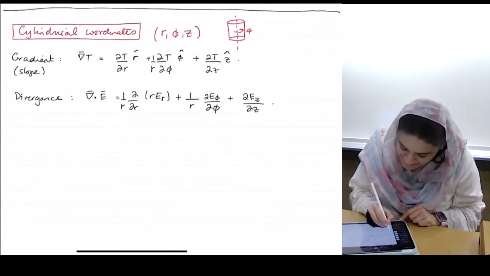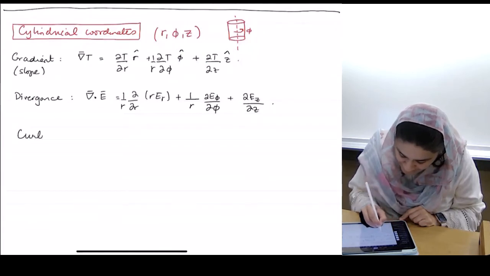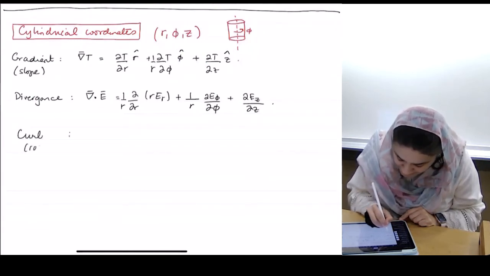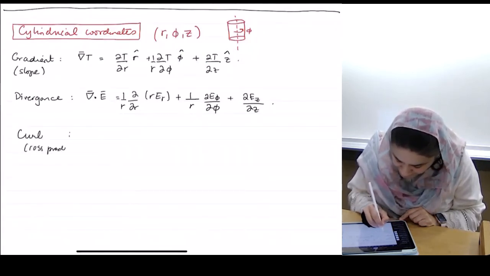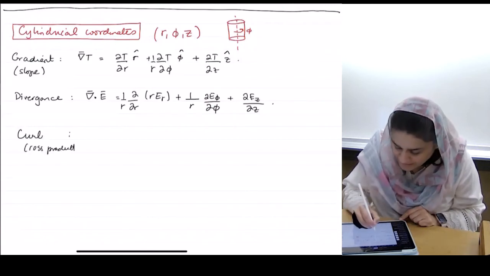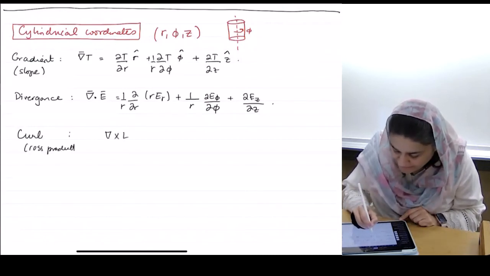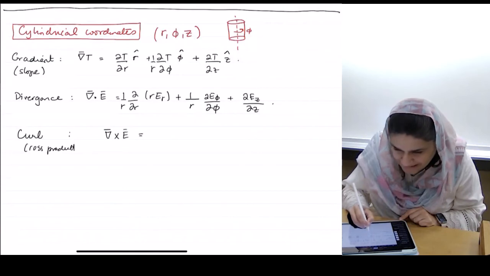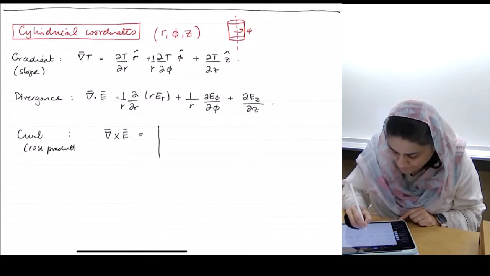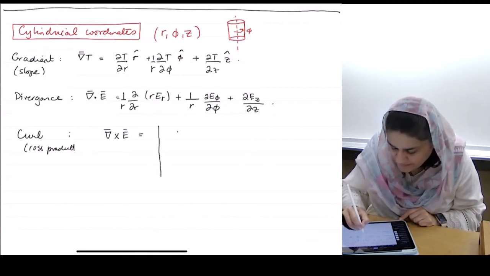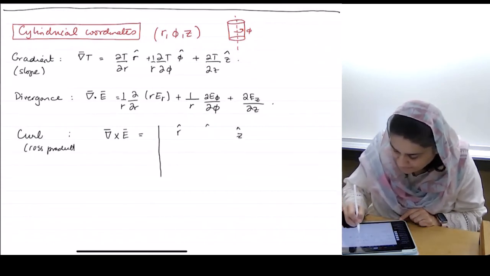Okay, next is going to be curl. And curl is the cross product, right? And so we will have del cross E. So this will be r hat, phi hat, z hat.